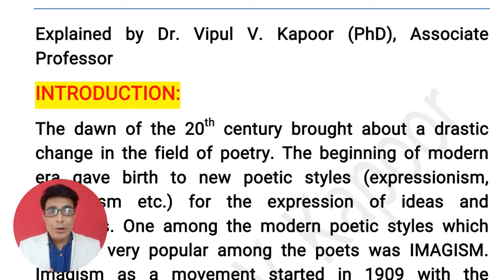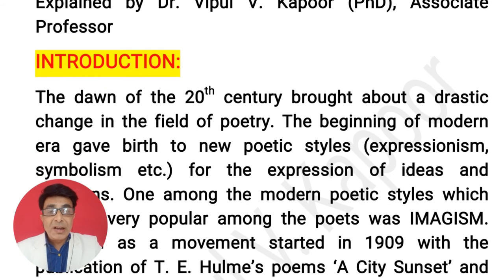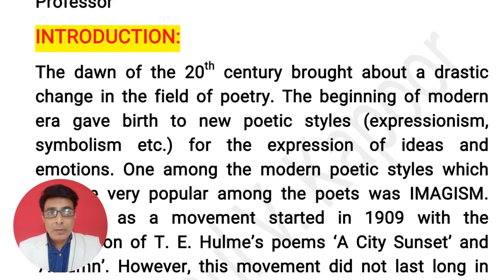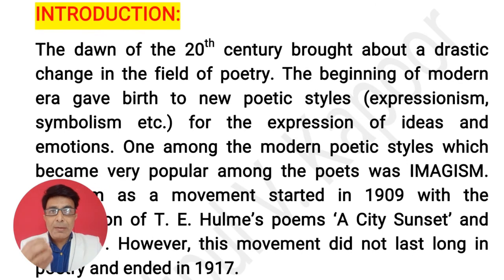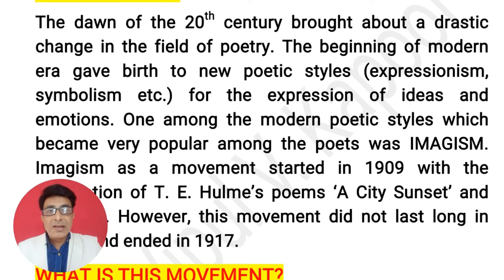Because, as I told you, some new poetic styles and new movements are found in English poetry in the beginning of the 20th century, and these new movements are symbolism, expressionism, imagism, and so on. One among the most important poetic techniques which became very popular during this time was Imagism.